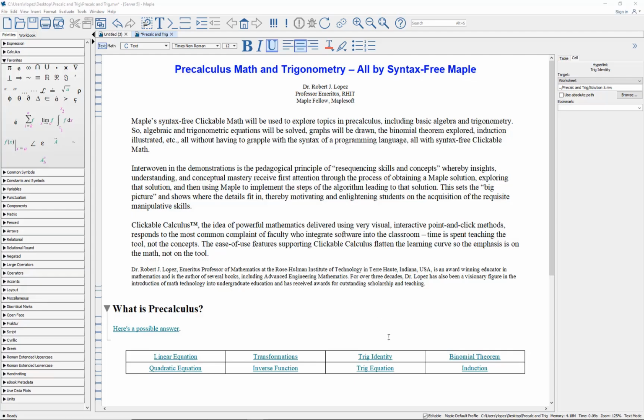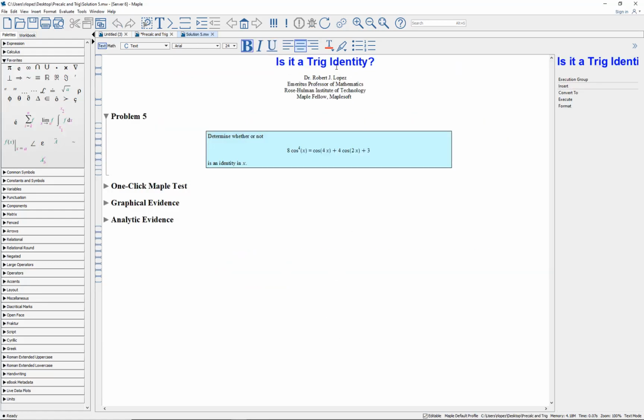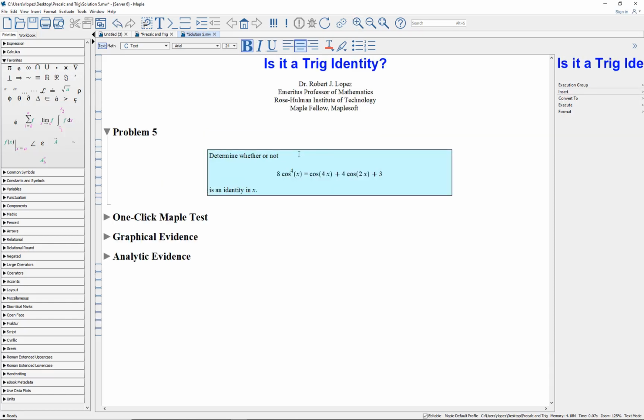So now a problem from trigonometry. We begin with this notion of trig identity. Is this an identity? Is the left side identically equal to the right side?